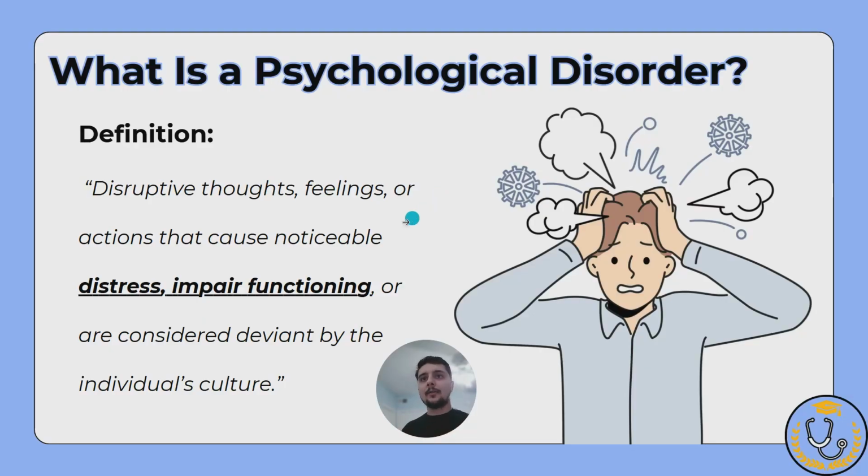In order to meet that criteria, you have to have impaired function. That means you might be hospitalized because you can't take care of yourself, or you're experiencing significant distress that does not allow you to function in normal everyday society. So that is our definition of a psychological disorder. There must be some form of significant impairment in functioning.